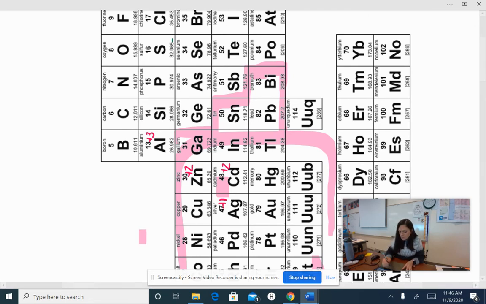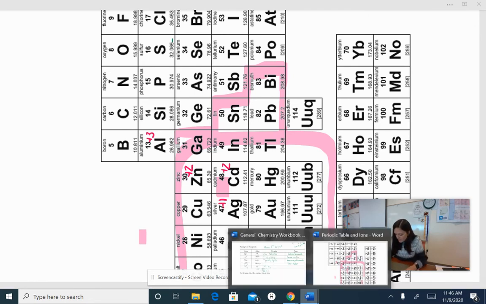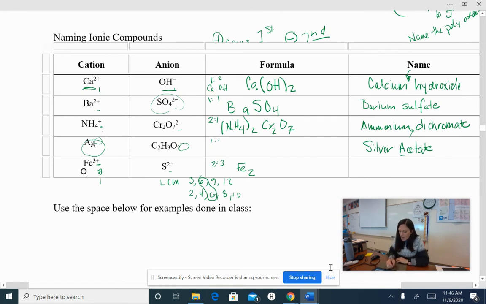Okay? So let's go back to the iron here. 2 irons and 3 sulfurs. Now, to write this, we need to designate that this iron has a +3 charge by Roman numerals.